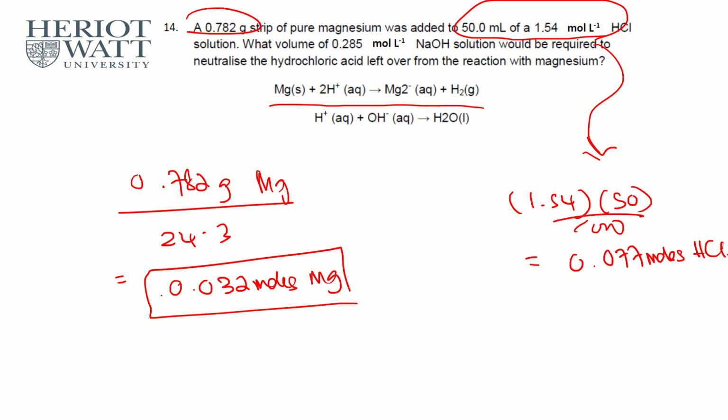So in other words, 0.032 moles of magnesium requires how many mole of HCl to react with it? Very simple. What is the mole ratio here? 1 to 2. So if I have 0.032 moles of magnesium, how many mole of acid needed? 0.032 times 2, right? You get 0.064 moles of HCl needed.